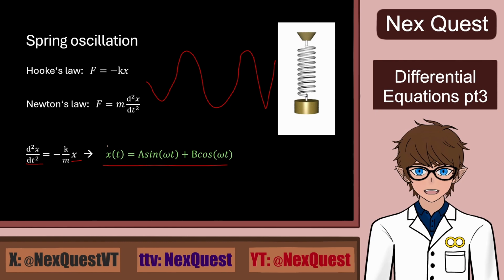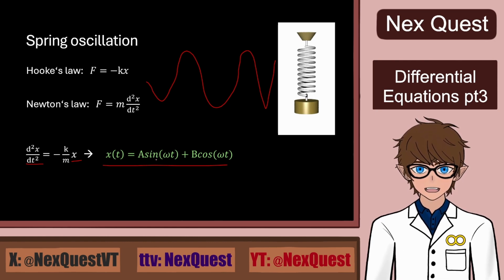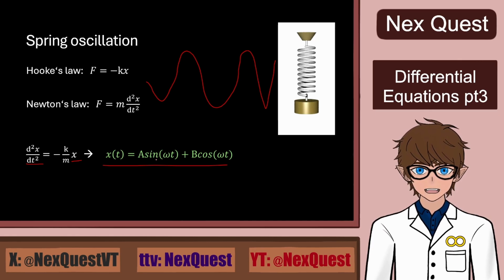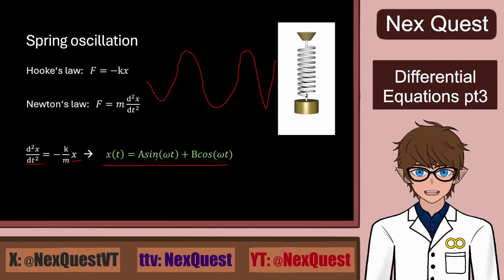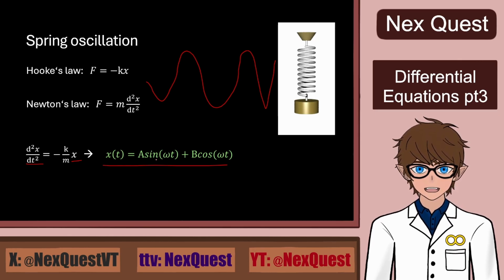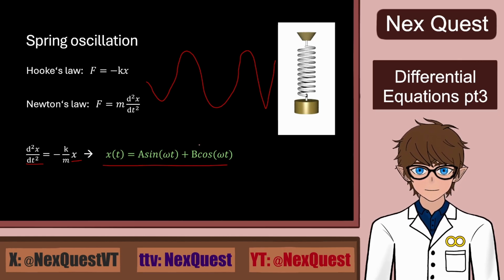So what does this final equation even mean? Well, a and b are our starting conditions, or are determined by them, and omega is oscillation speed, so how fast the weight or the mass on the spring will be moving up and down. If we remember from the start of this part, when it went up and down, if we did a side projection of the mass's height, we would probably get a similar curve to a sine or cosine one.